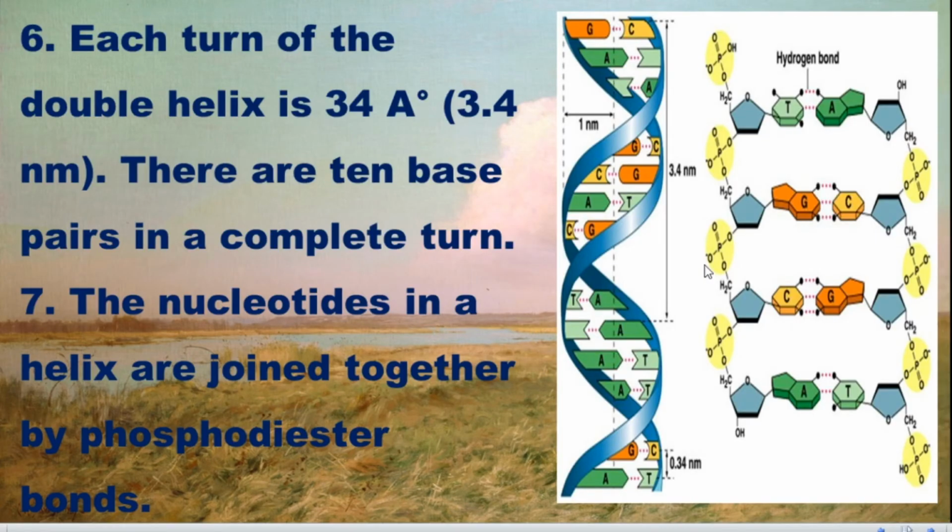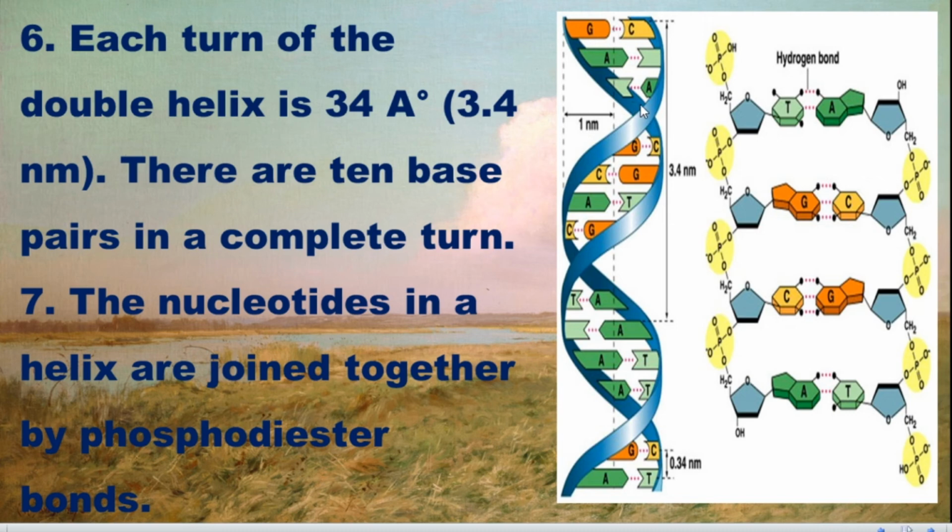Each turn of the double helix is 34 angstroms, or 3.4 nanometers. Look at this, this is the turn. There are 10 base pairs in the complete turn. While you are counting, it may be nearly 8: 1, 2, 3, 4, 5, 6, 7, 8.